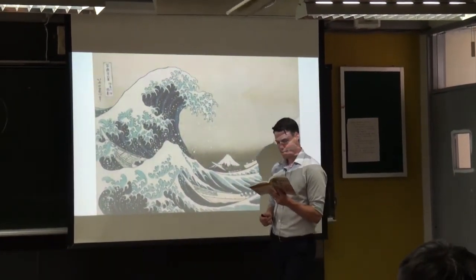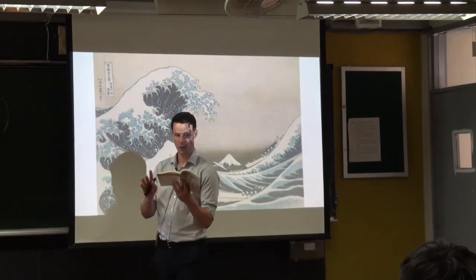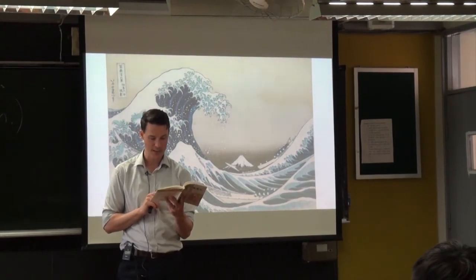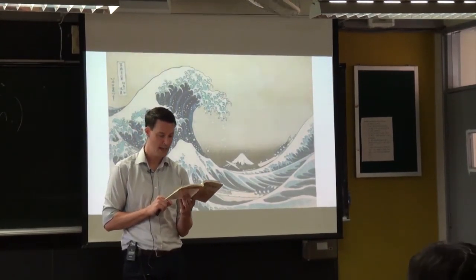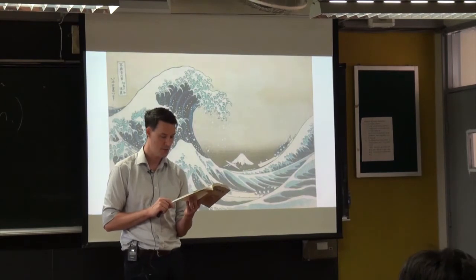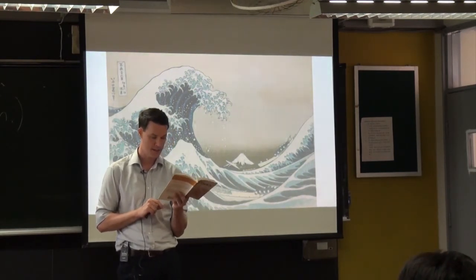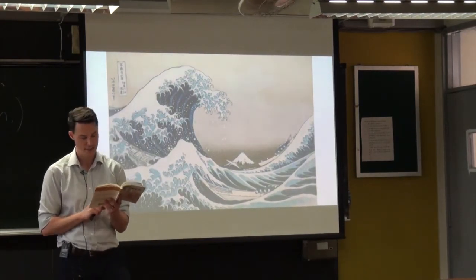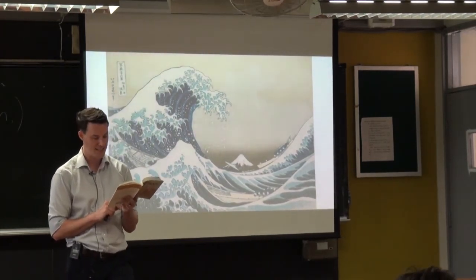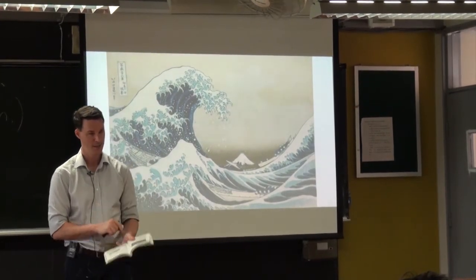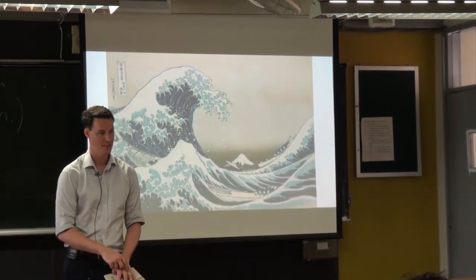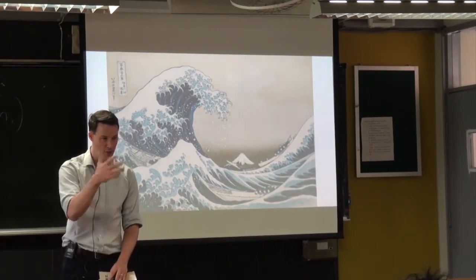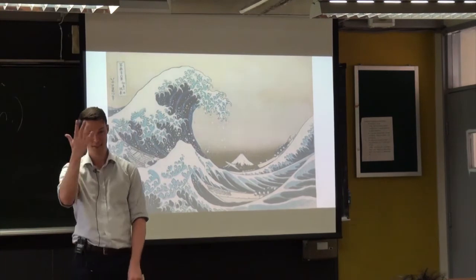So does the serene, calm, peaceful Mount Fuji in the background say that all will end well, that everything's going to be okay? Or does Mount Fuji seem powerless next to the awesome onslaught of the giant wave? So you guys probably know the word awesome, right? In English we use awesome a lot to say, man, your painting is awesome.